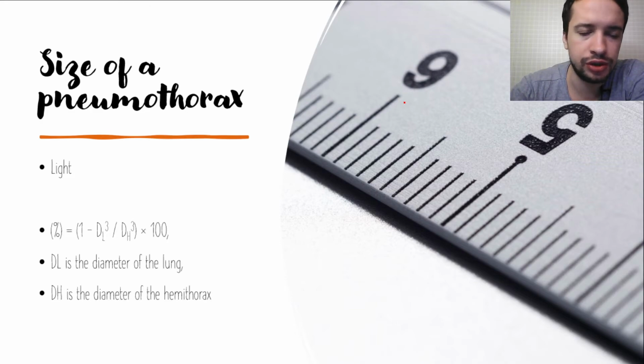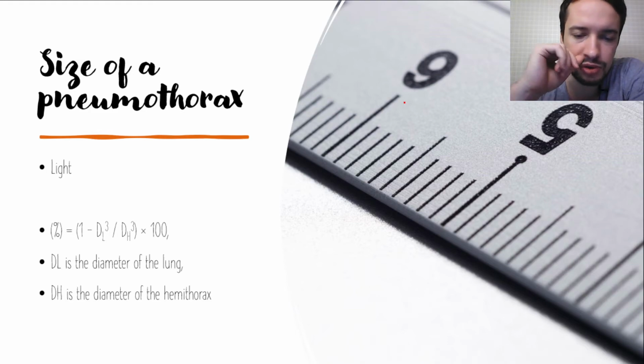Sometimes we need, not sometimes, always we need determining the size of a pneumothorax. The size of pneumothorax is one of the most important parameters that determine the choice of treatment tactics. The most widely accepted formula is Light's formula, based on the position that the volume of the lung and the volume of the hemithorax are proportional to the size of their diameters raised to the third power.